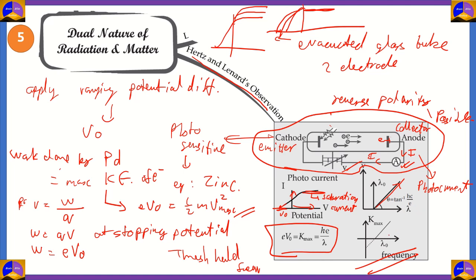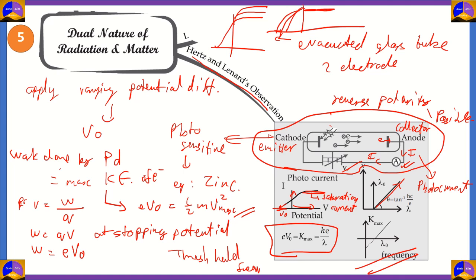However, when your frequency decreases and is less than the threshold frequency, this is not possible. So there is no emission. Emission happens only when the frequency is greater than the threshold frequency.